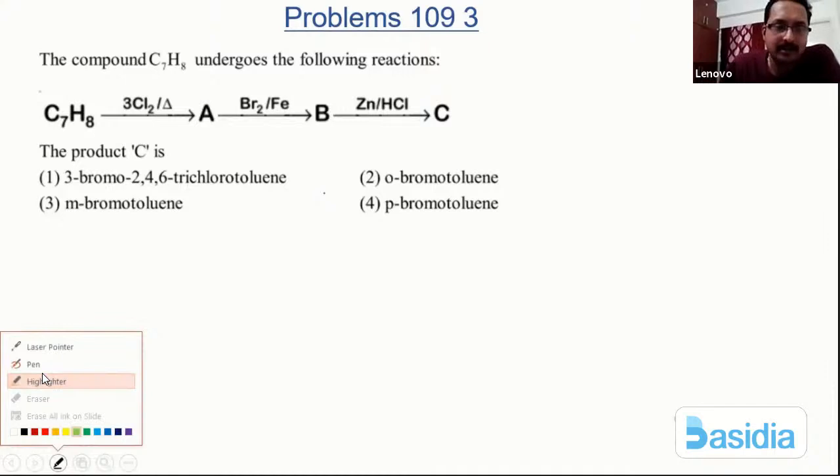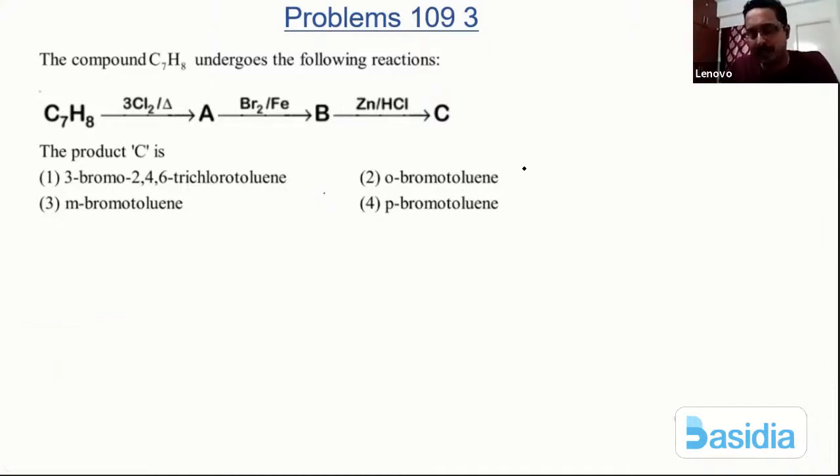See, again, there are different techniques, and it all depends on which technique you are comfortable with. The first thing we should be knowing is the general formulas of the hydrocarbons. We have come across the alkanes, the alkenes, and the alkynes, correct?